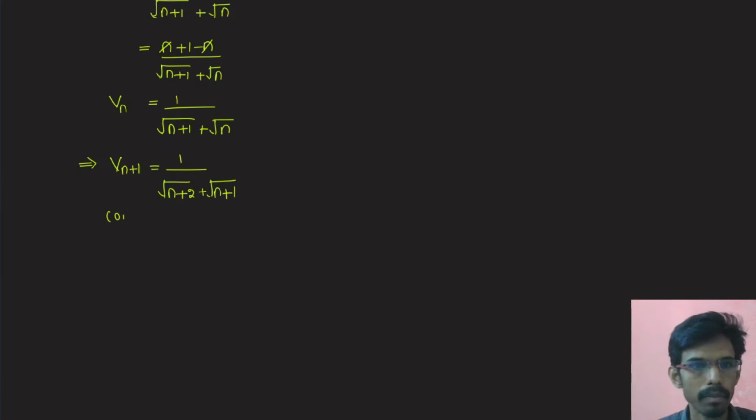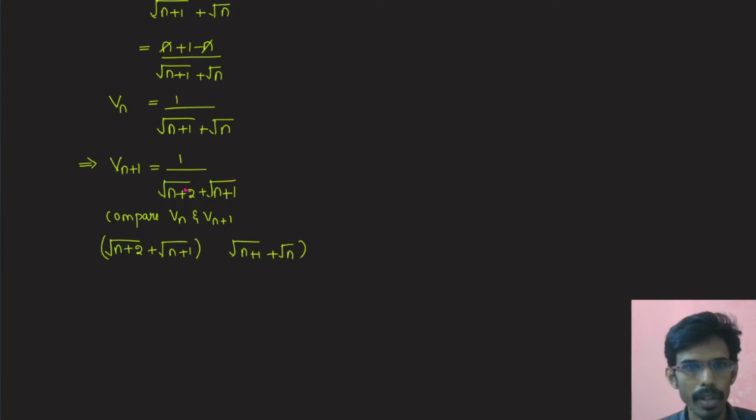Now compare Vn and Vn plus 1. Start comparing from the denominator. Here the denominator of Vn plus 1 is root n plus 2 plus root n plus 1. Here we have root n plus 1 plus root n, the denominator of Vn.